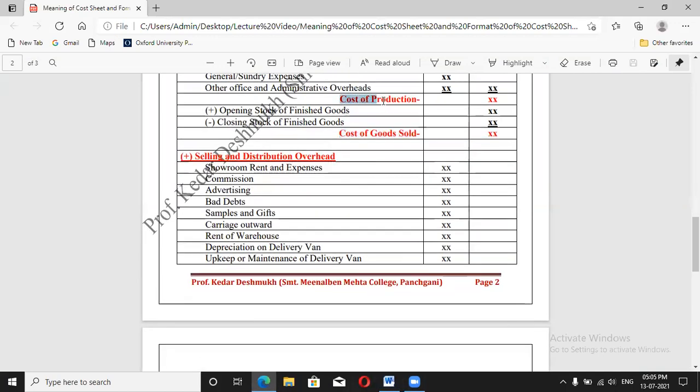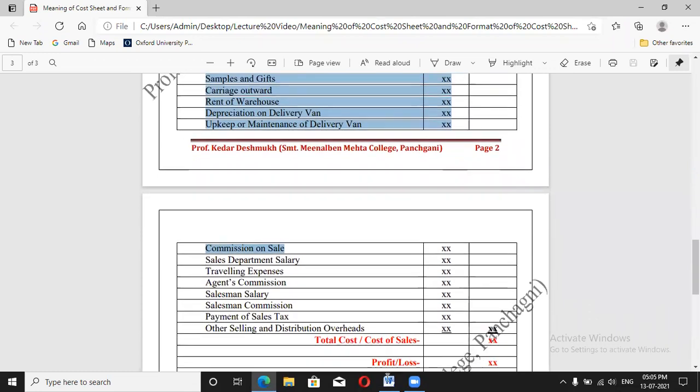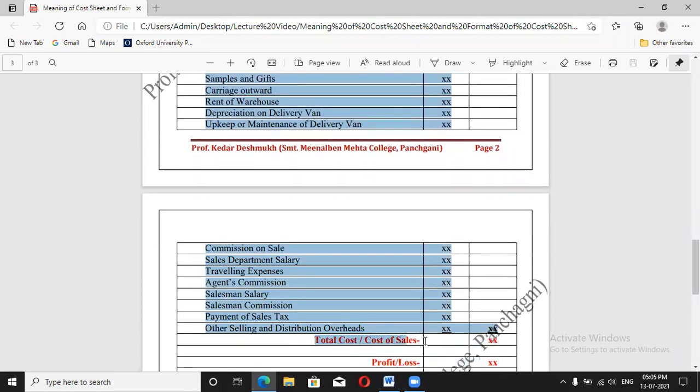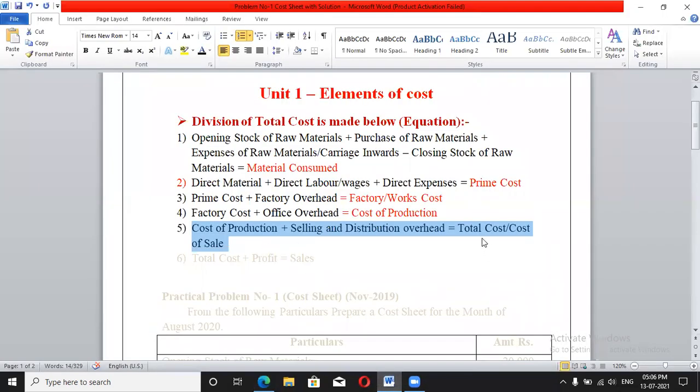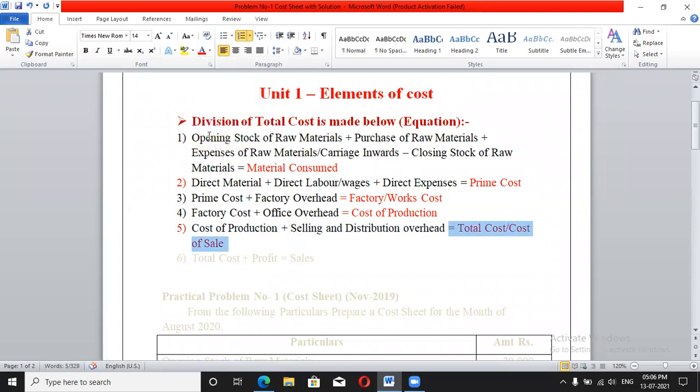When we add selling and distribution overhead under cost of production, we get the final amount, that is total cost or cost of sale. This is the fifth equation. Remember all these equations for your MCQ type exam, because such examples are asked in your MCQ type exam. So you have to know all the equations exactly.